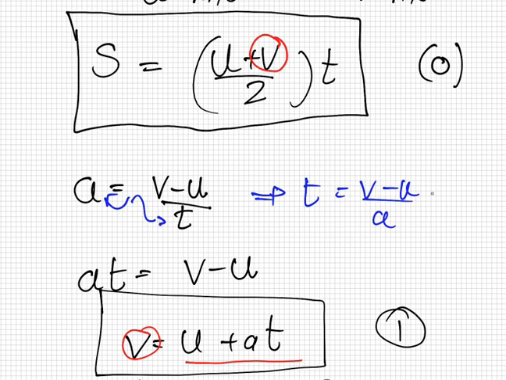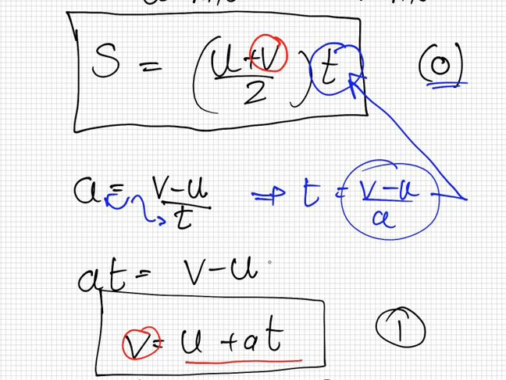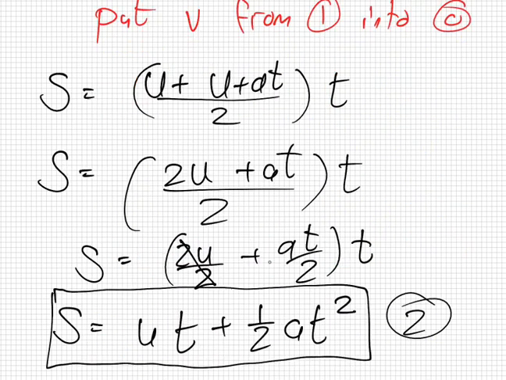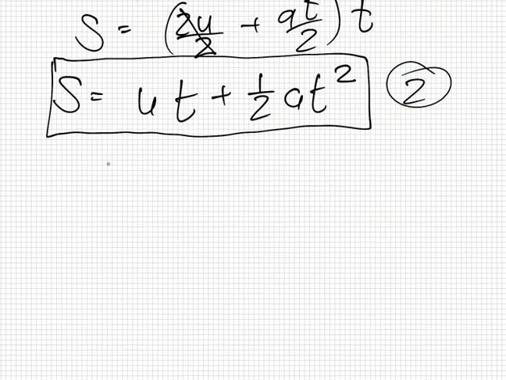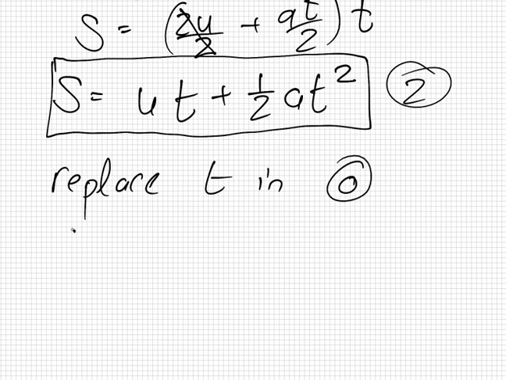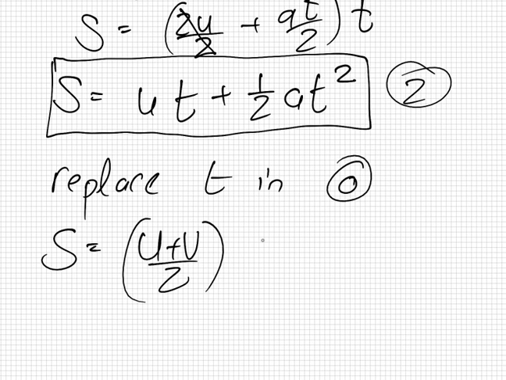And now I'm going to put that in here for t, into formula 0. Replace the t with this. So I'll do that down the bottom. I get now, replace t in 0. So I have s equals u plus v over 2 times t, which is v minus u over a.